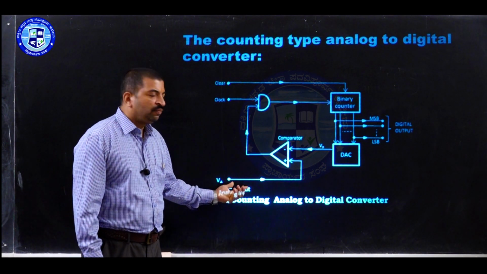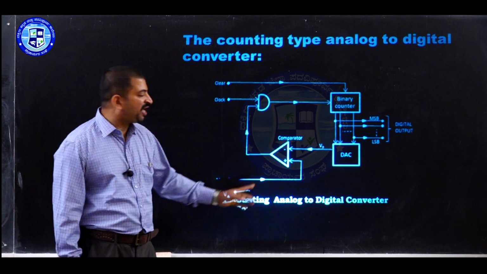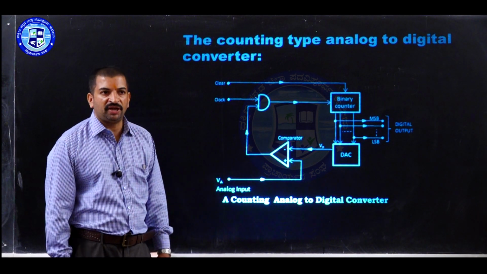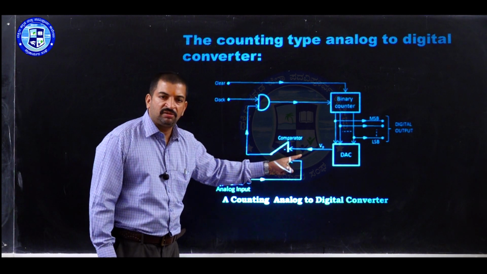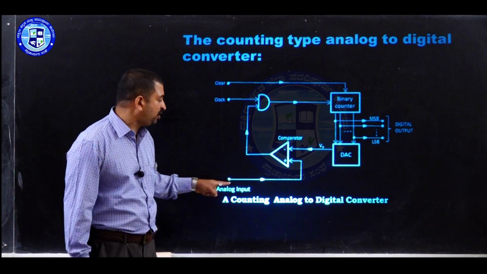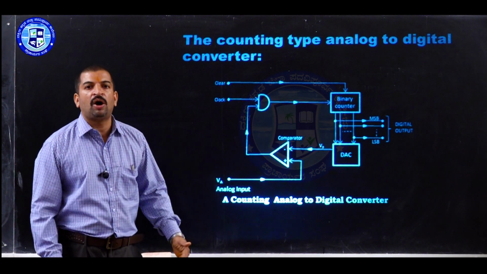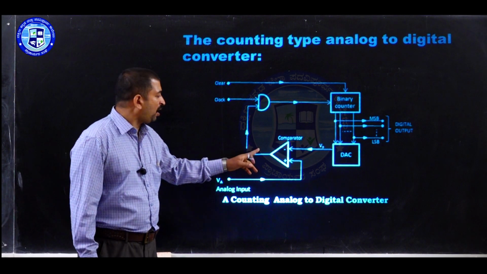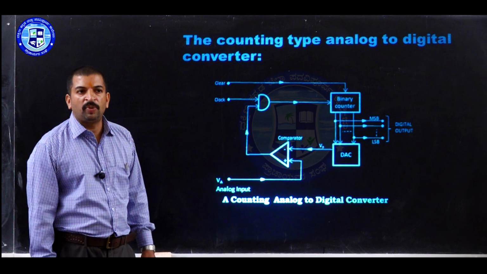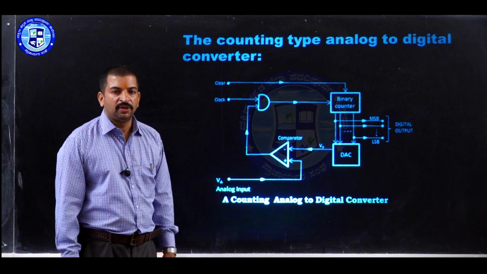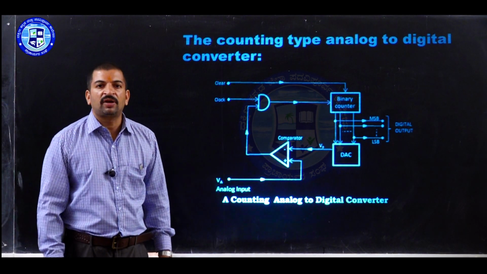Now, when the analog input voltage becomes less than the output voltage of the DAC, that is, V0 is greater than VA, the comparator would produce a low output. When the comparator produces low output, the AND gate would produce a low output, so that the counter stops counting. So when VA is nearly equal to V0, the counter stops counting.